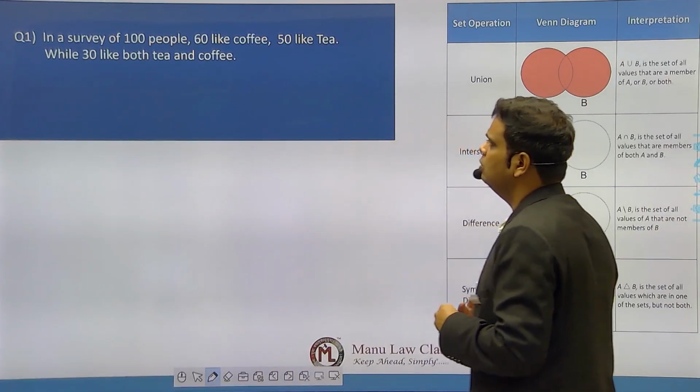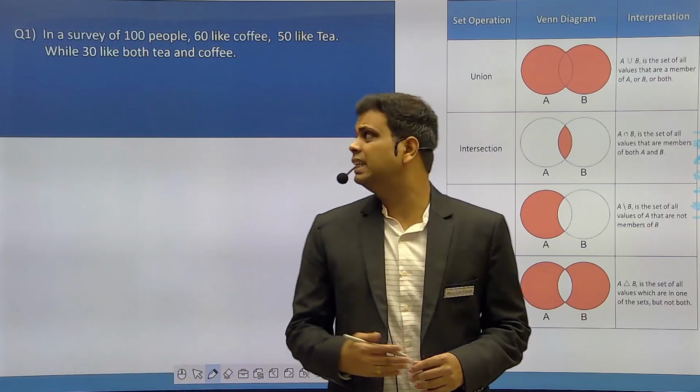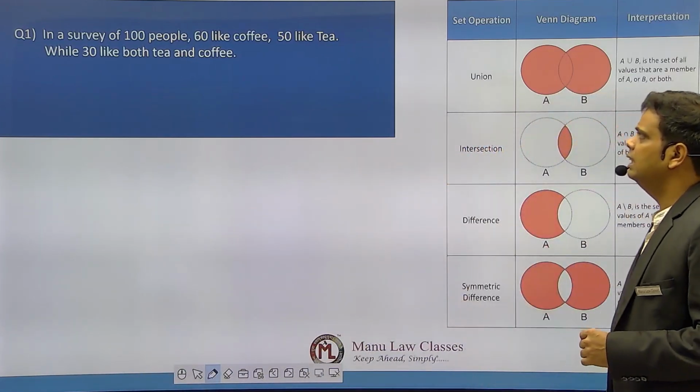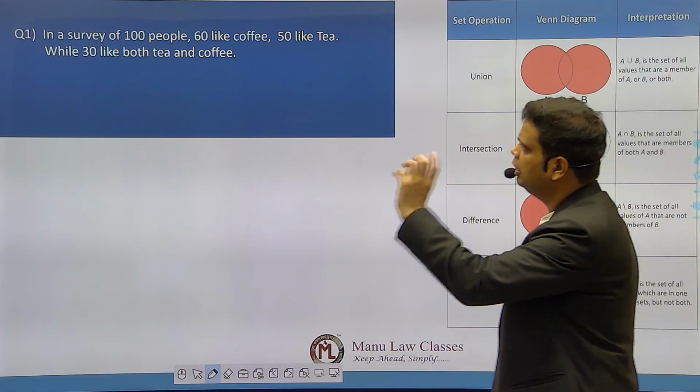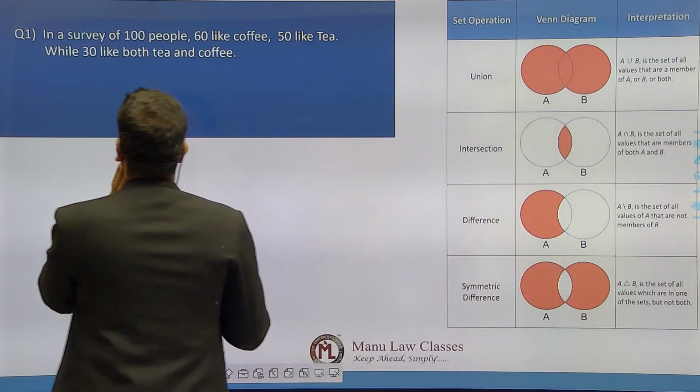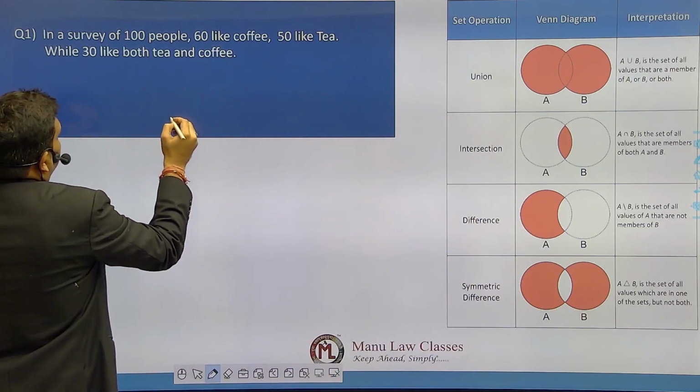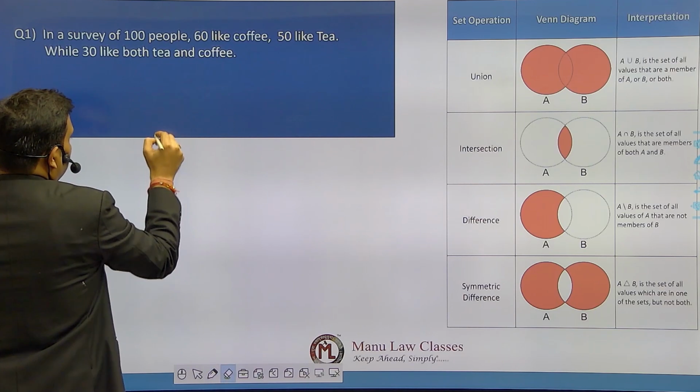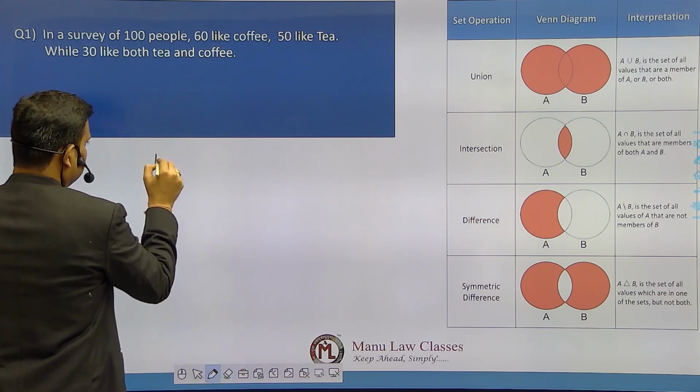Question number 1 says, in a survey of 100 people, 60 like coffee, 50 like tea, while 30 like both tea and coffee. So here, in a survey of 100 people, there are total 100 people present, right?